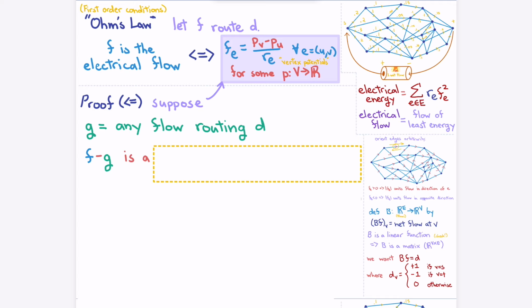Okay, so if I have my flow F and I have another flow G, they're both routing D. Maybe that's an ST flow or something. What can I say about F minus G? What is it routing?